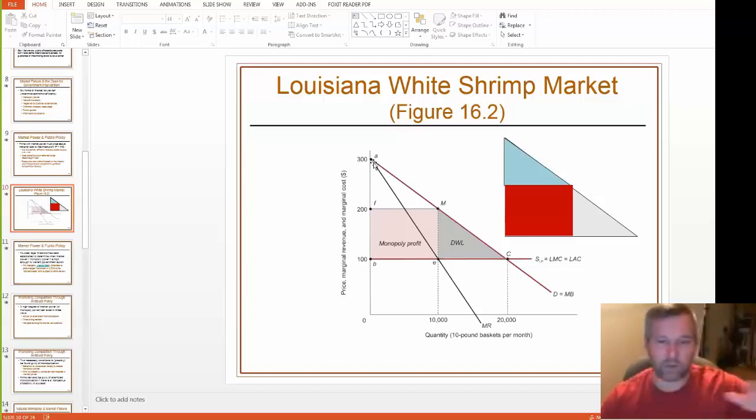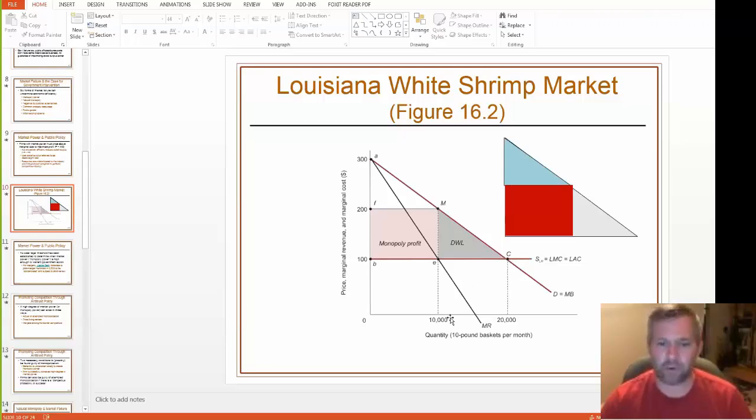And then you have everyone else line up in decreasing desire for this shrimp. So the 10,000th person out here is willing to pay $200 a basket for this thing. The 20,000th person in line is willing to pay $100 for that. The 20,001st is willing to pay only $99 or whatever.